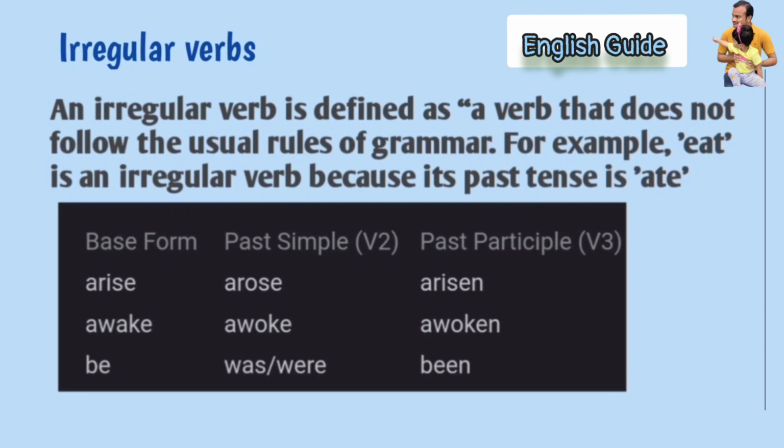And the third one, be: past is was or were based on singular or plural, and past participle is been. All of these need to be memorized, nothing more to say here.